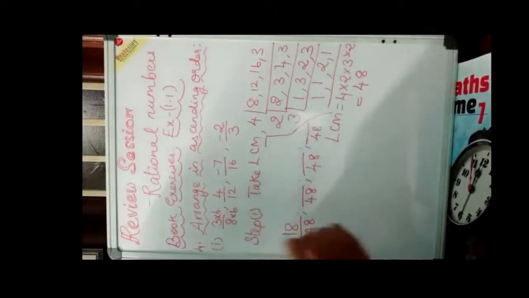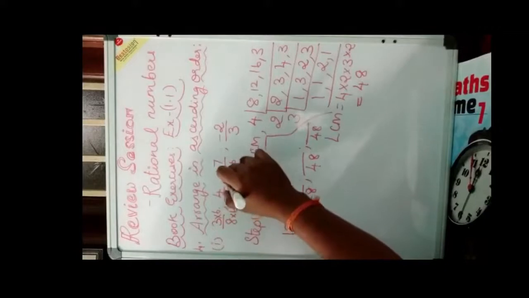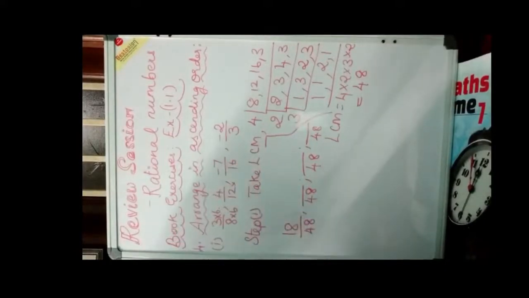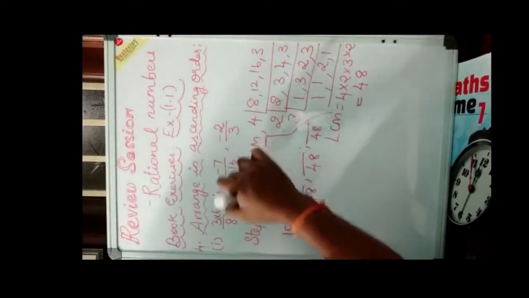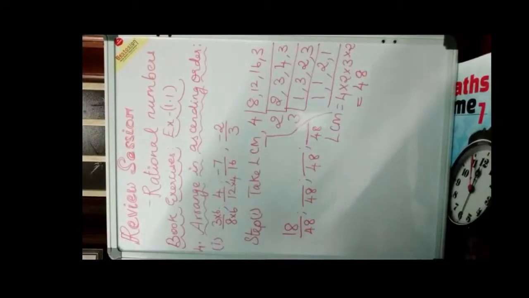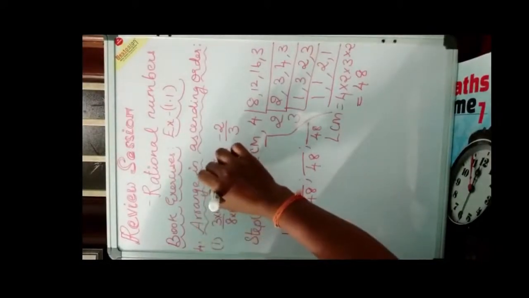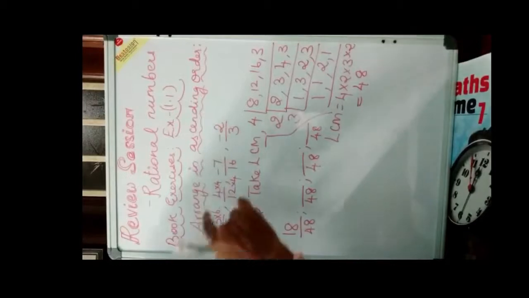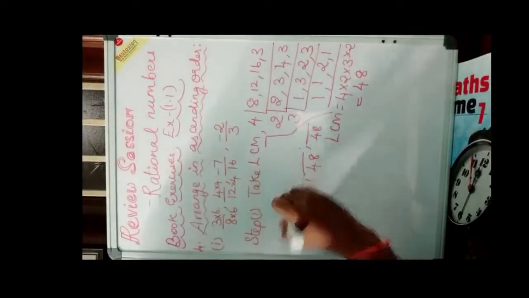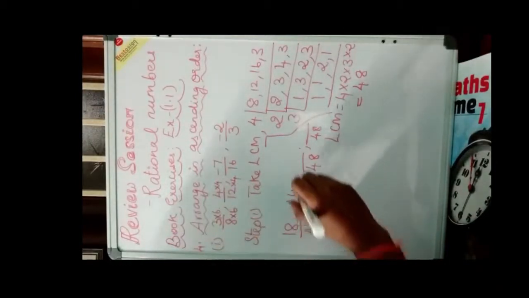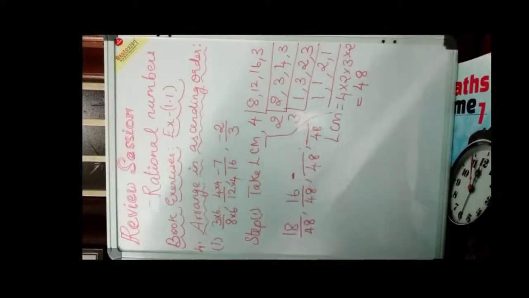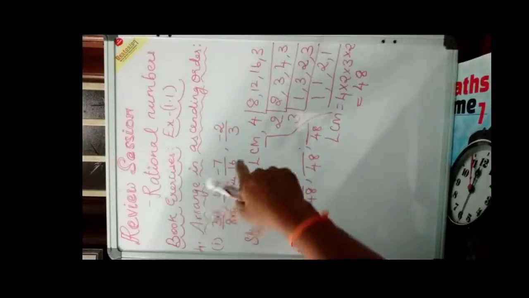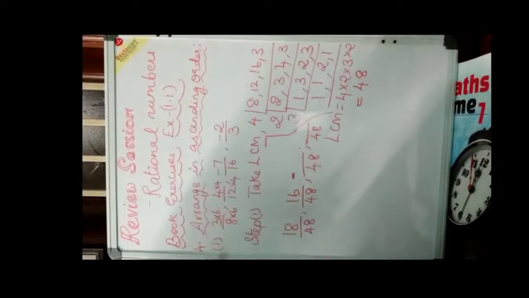So now next one, 48. So if you multiply how many times? It is 4 times. So 12 4s are 48. So same you need to multiply in the numerator also. So 4 4s are, you will get 16 here. So the next one, you have the negative symbol. Write the negative symbol as it is. Now it is 16. So how many times if you multiply?